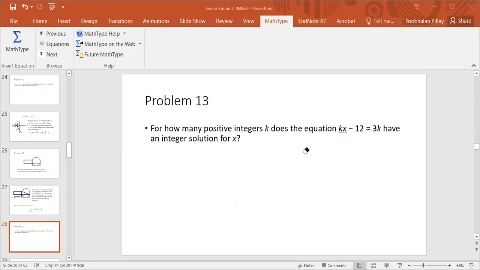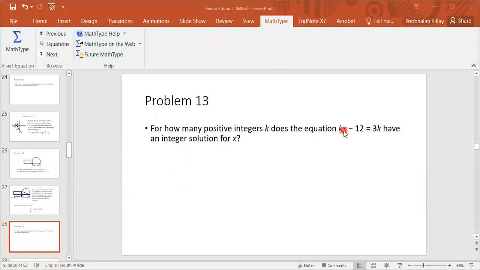Now what I'm going to do is put some values for k and then solve. If I put a value for k, I can solve for x. So I'm going to do that and then see whether that x is an integer.